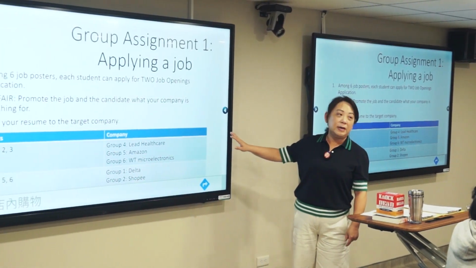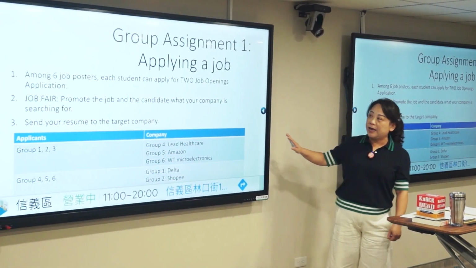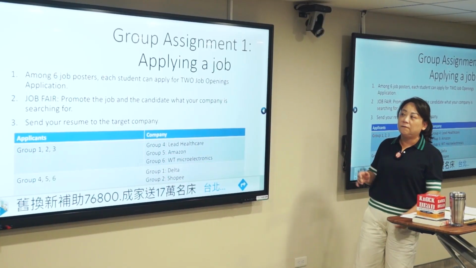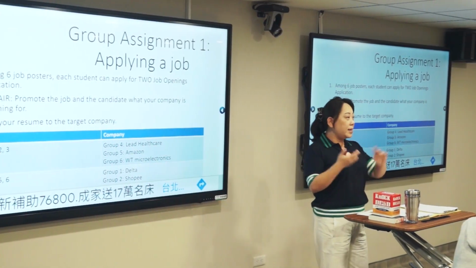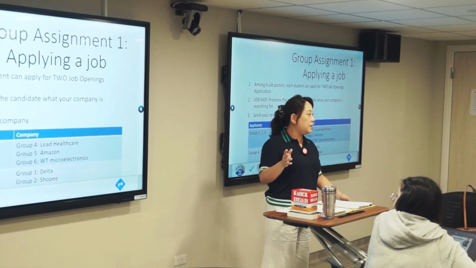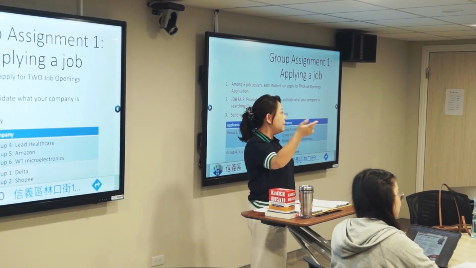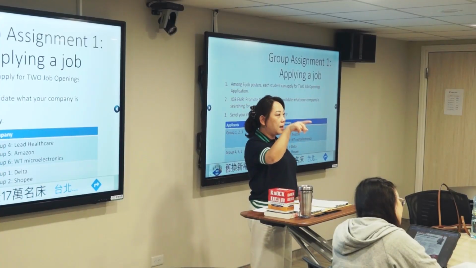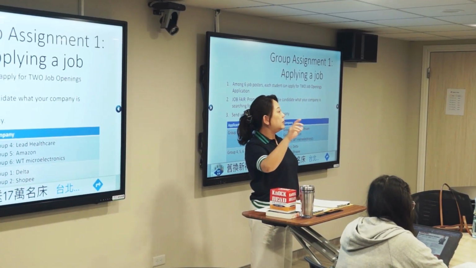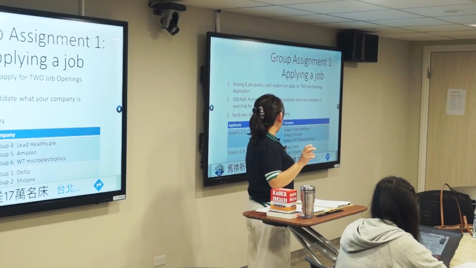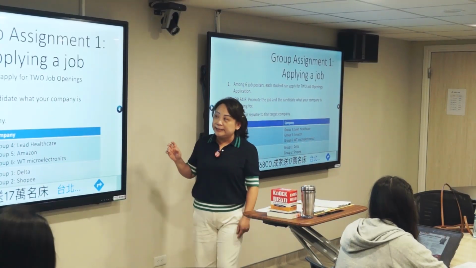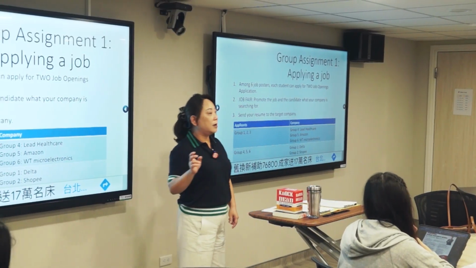The job fair will promote the jobs and the candidates your company is searching for. Later on, we will spend around 20 minutes on a job fair to look around at each company's job responsibilities and job description, and then send your resume to the target company.